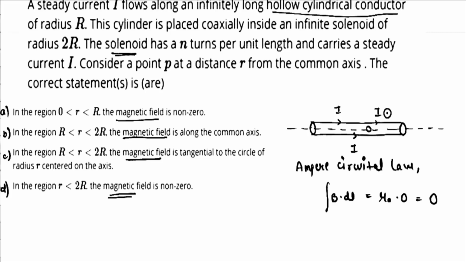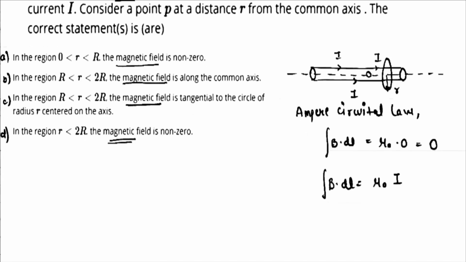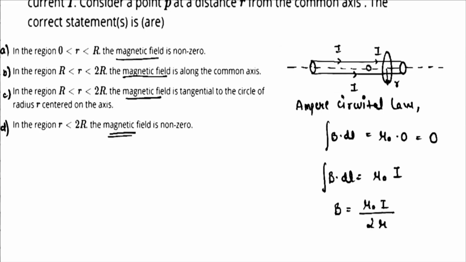And if I take a loop outside this conductor at a distance small r, then according to Ampere's circuital law, the line integral of B dot dl will be equal to mu naught times I. After doing the calculations, we can find the magnetic field at this distance r equals mu naught I divided by 2 pi r.